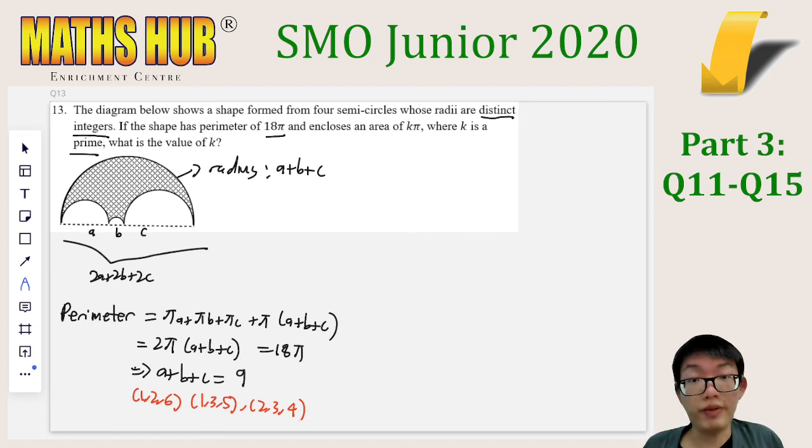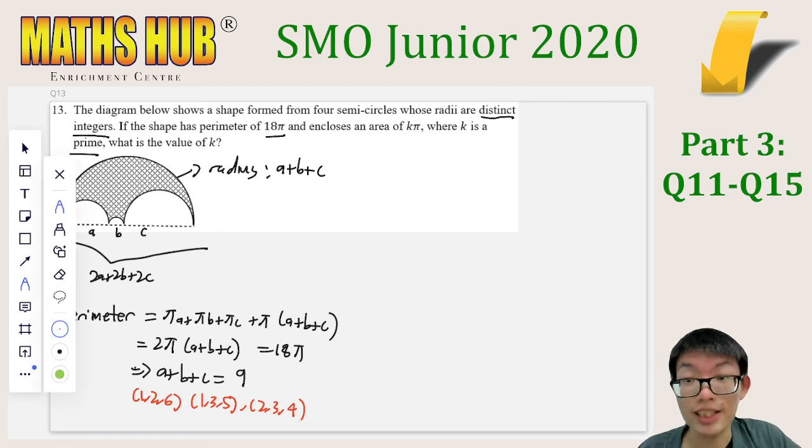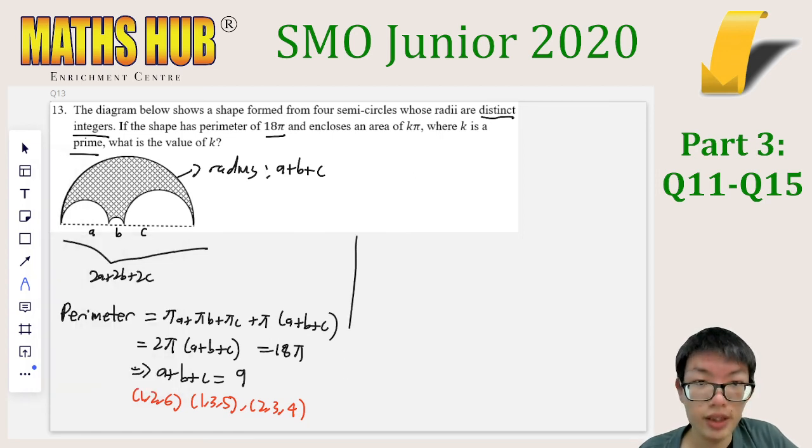For each possibility, we find the area, that tells us k, and presumably out of the 3 possible values, only one of them will be prime, and that allows us to determine exactly the value of k. So we check one by one.